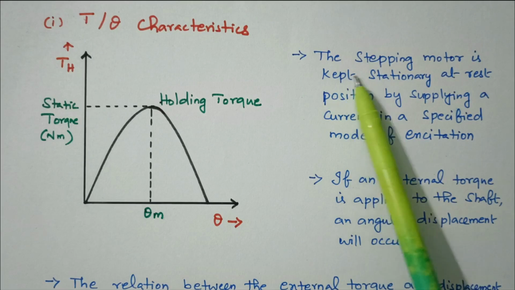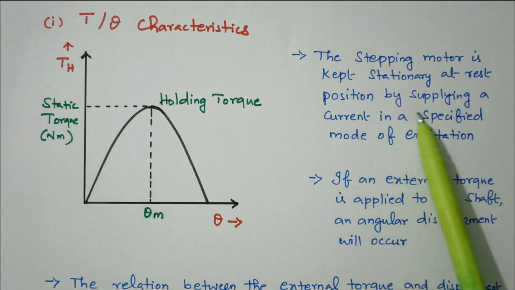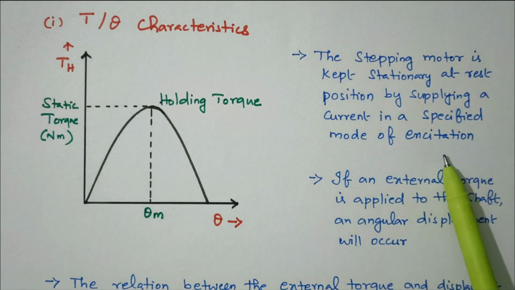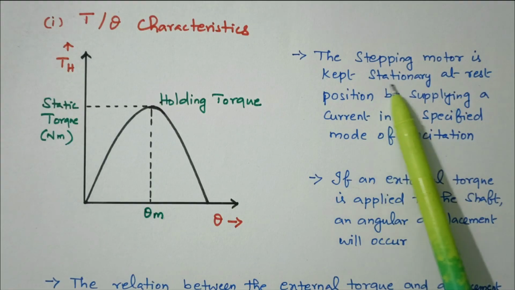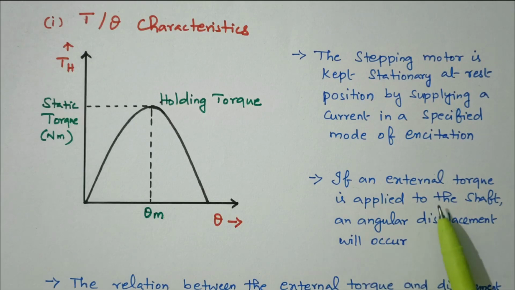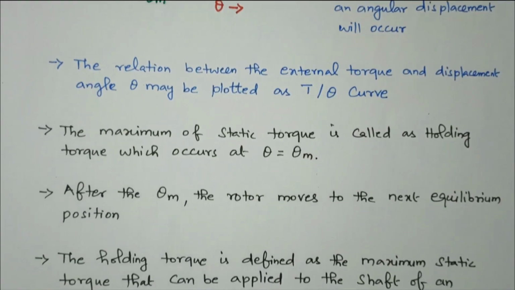The stepping motor is kept stationary at rest position by supplying a current in a specified mode of excitation. So it is kept in stationary mode. If an external torque is applied to the shaft, an angular displacement will occur.